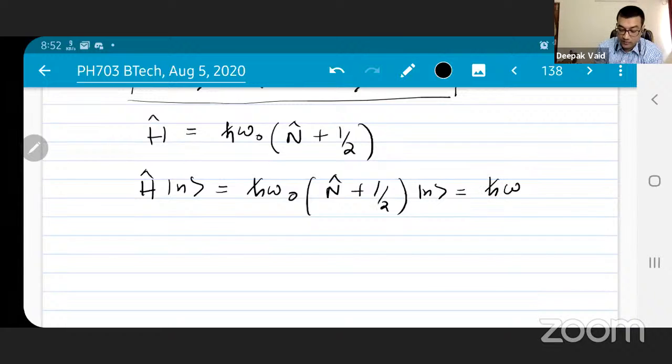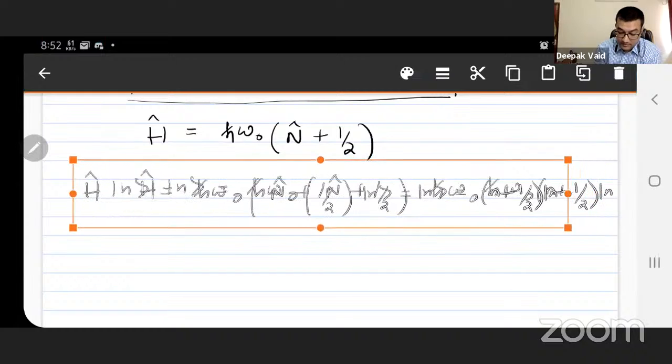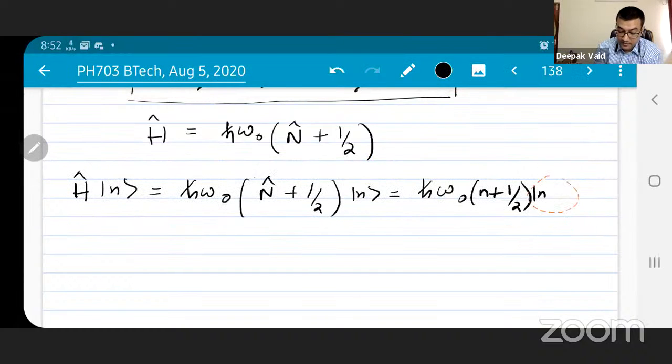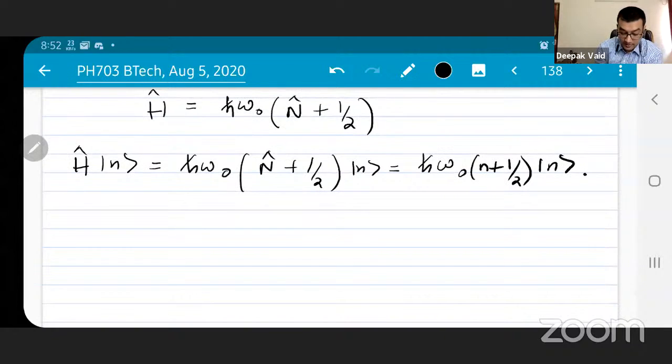This is just equal to h bar omega times n plus a half, ket n. And you remember that the Hamiltonian is the total energy. This is the energy operator, basically.